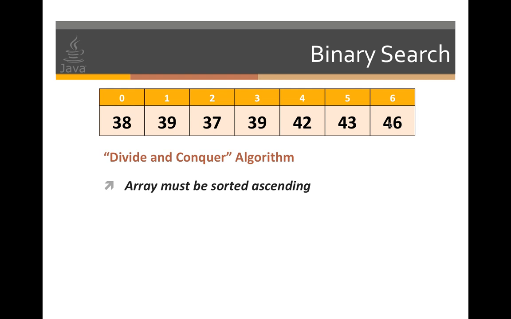The binary search is a little bit more complicated. And this is another example of a divide and conquer algorithm. If you go back to the binary sort, they both happen to be called binary, but they're both divide and conquer algorithms.